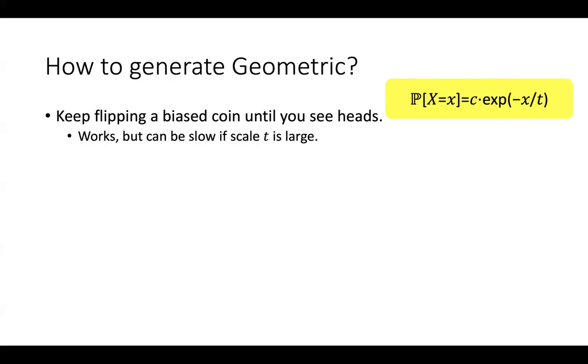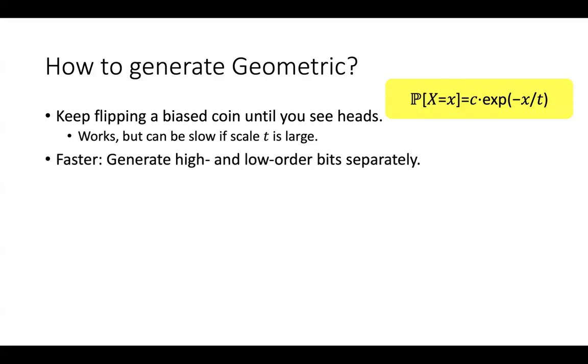However, this is quite slow when the scale is large. Like if you want to generate a geometric with scale 1,000, you're going to have to sample roughly 1,000 coins. So we have a method of accelerating this, and the idea is that we're going to generate the high order bits and the low order bits separately.